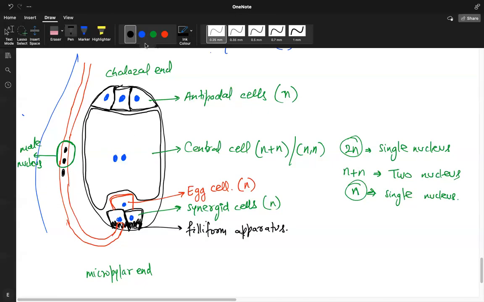I forgot to tell you, in the central cell, these two nuclei are called polar nuclei, because there are two, so nuclei, plural. So the other male nucleus fuses with the two polar nuclei, giving rise to a 3n nucleus together, and that forms the endosperm.